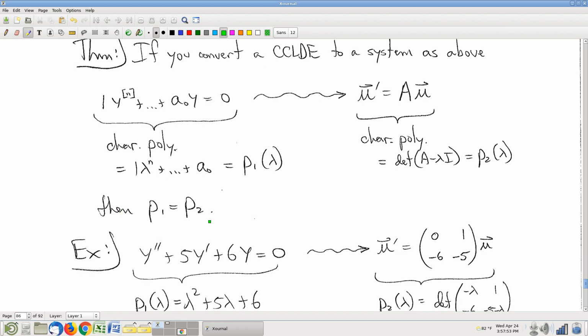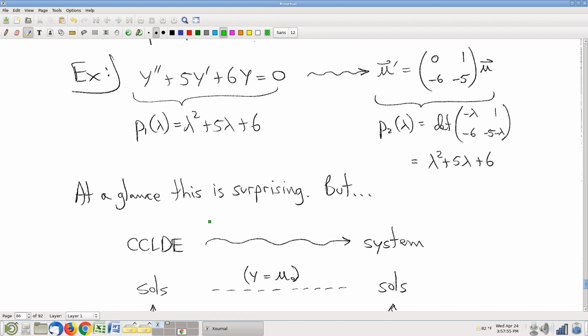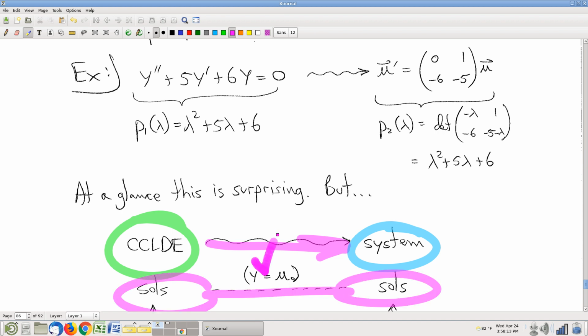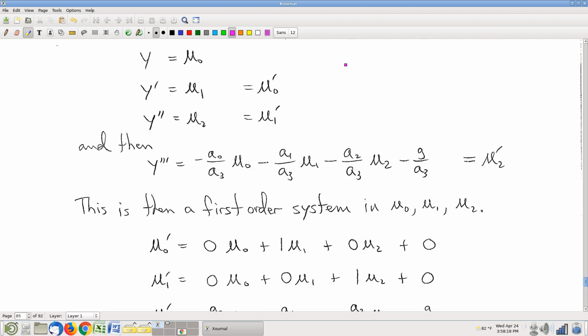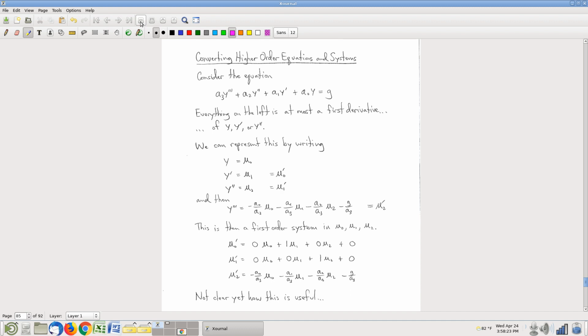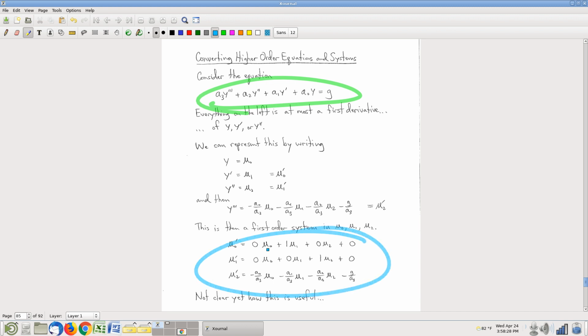Let me remind you what we did here. We started off looking at a Chapter 4 question, and then we turn it by a certain process into a Chapter 6 question. And what I mean by turning it into, the big idea is that these solutions and these solutions are the same. Look back to the previous page, the whole point to doing this was that instead of solving this equation, I can instead solve that system.